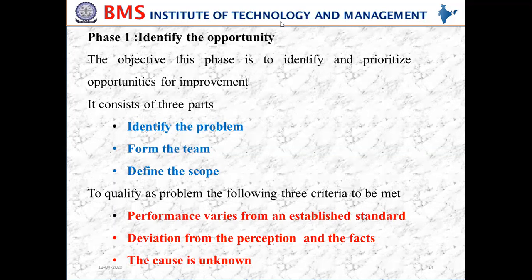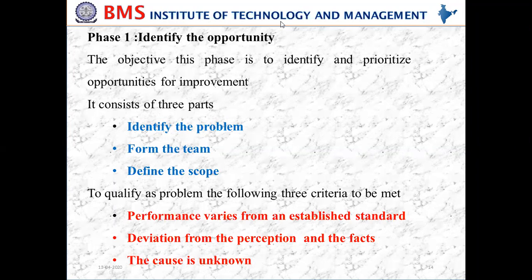Next, deviation between the perception and the facts. Comparing the set standards with the obtained results, when there is a deviation, in perception as well as the facts, then we can say there is a problem.